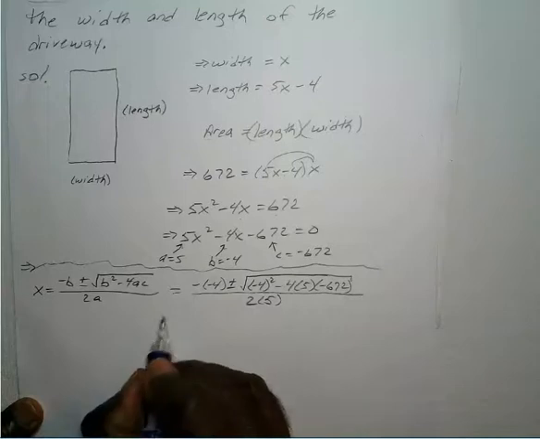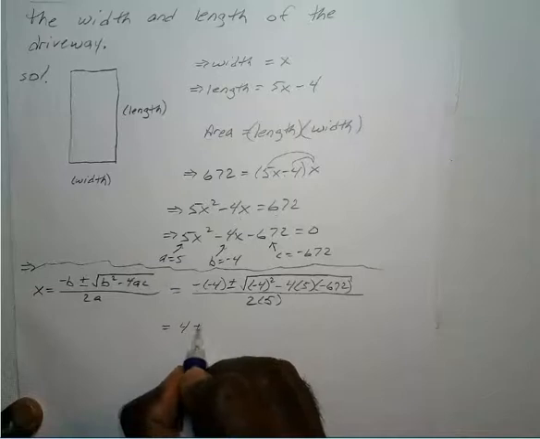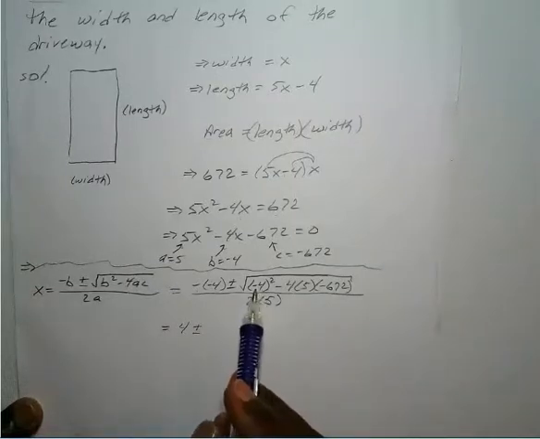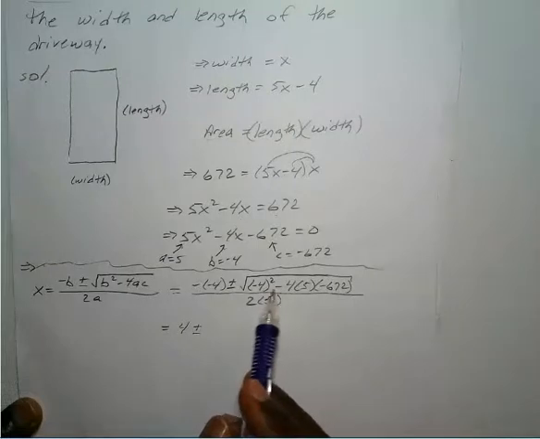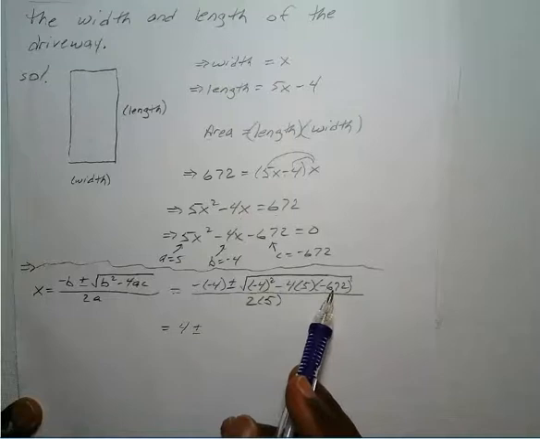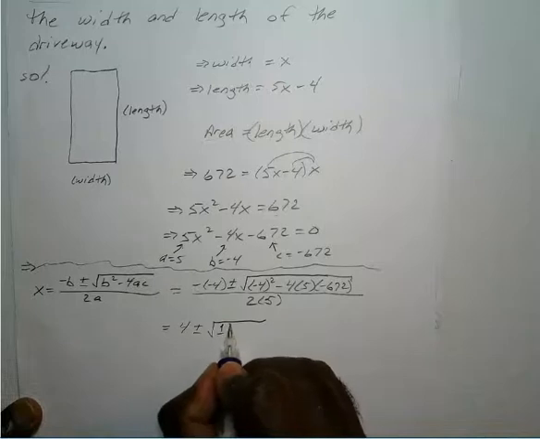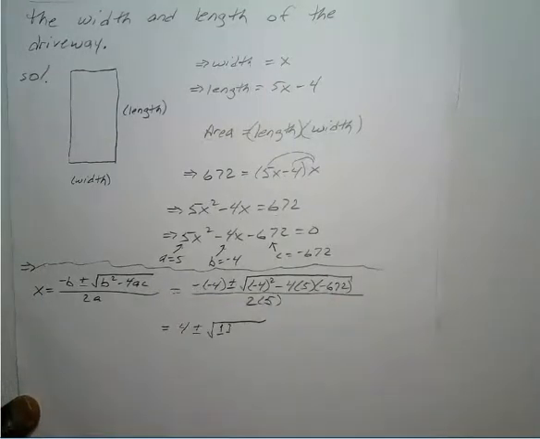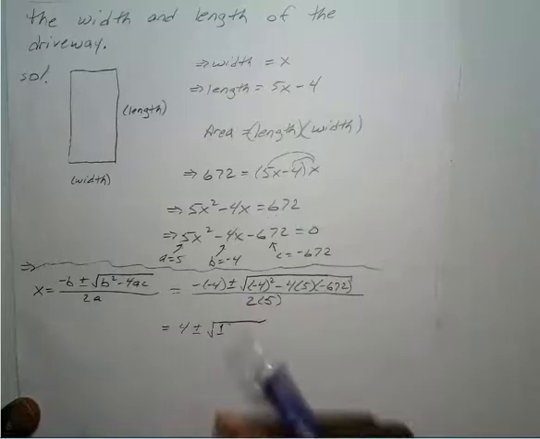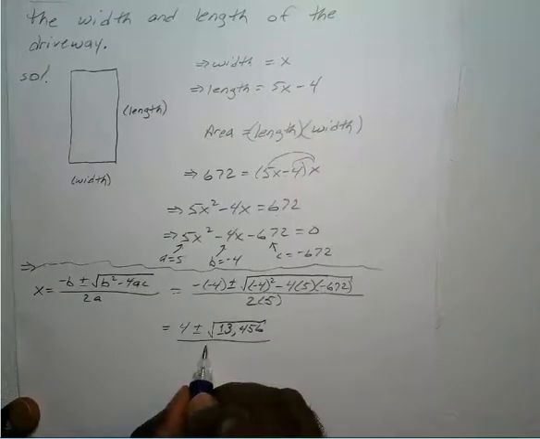Okay, so if we go ahead and simplify those, we'll end up with negative 4, that's positive 4, plus or minus the square root of 16, well, the square root of negative 4 squared is 16. 16 plus, because you have minus and negative, 4 times 5 times 672, that comes to 13,456, all over 10.